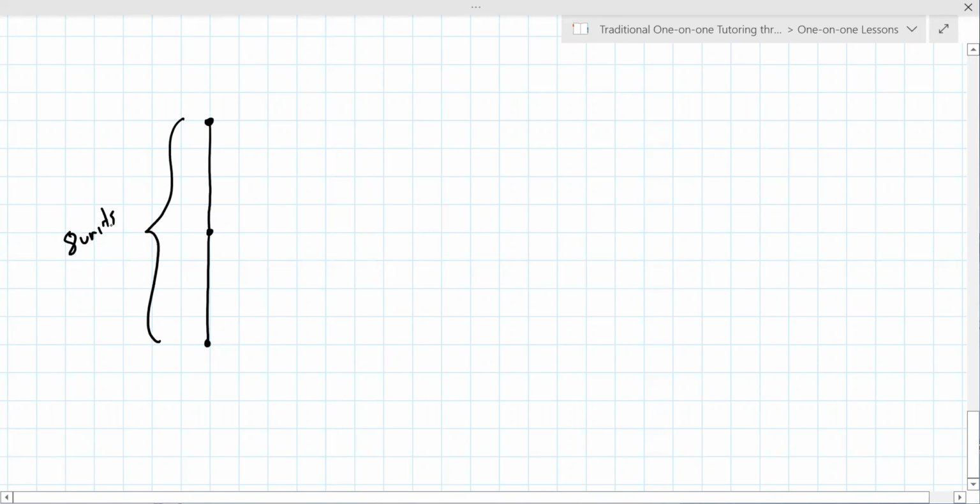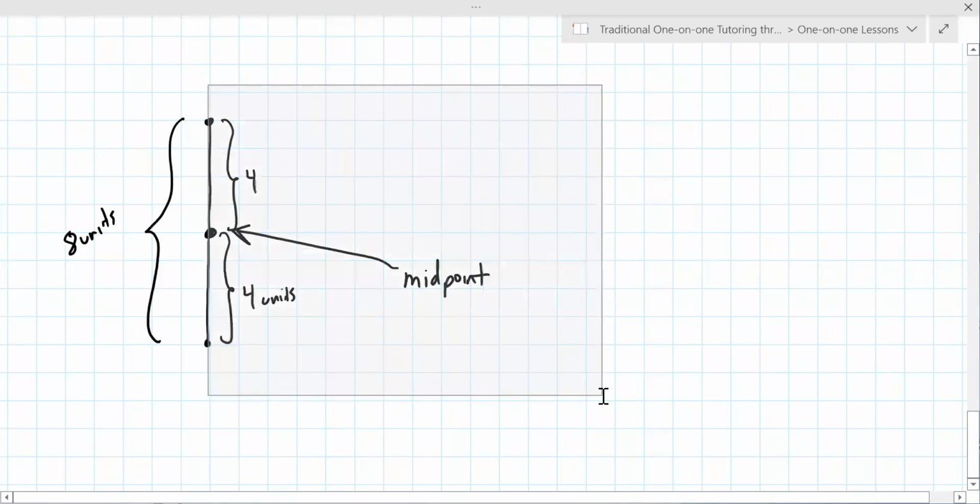So this is 4 units and this is 4 units, so they're the same. So what do we call this point right in the middle? The bisector right there. The midpoint. Midpoint, very good.